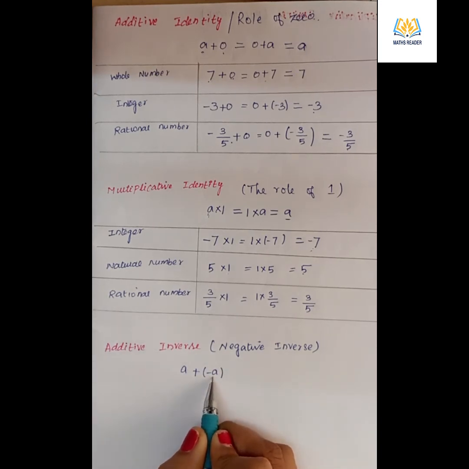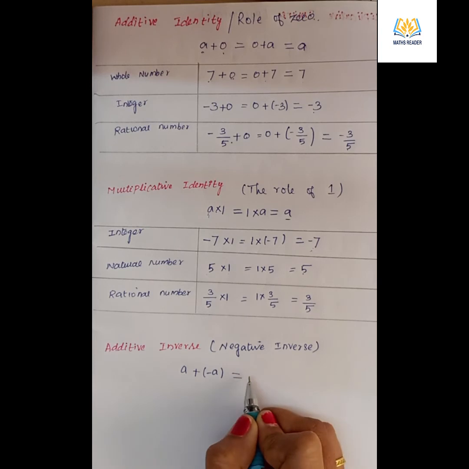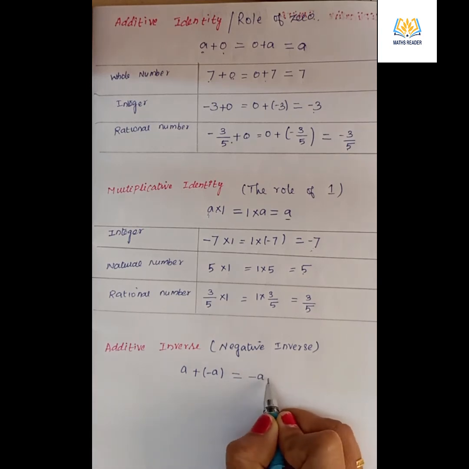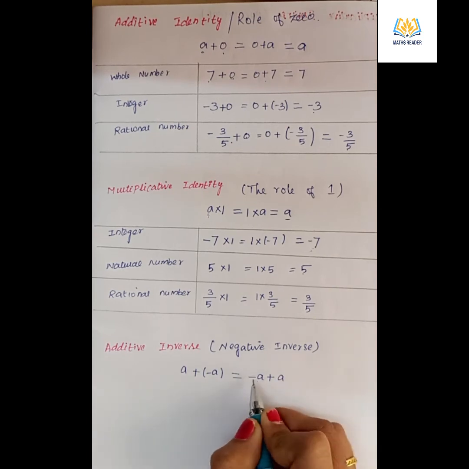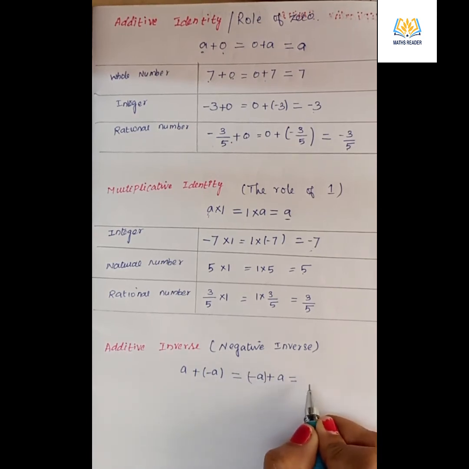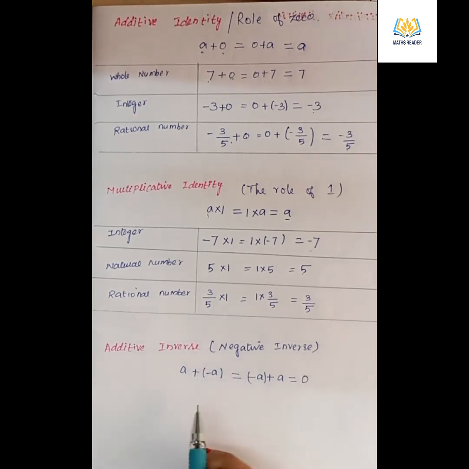Inverse of a is minus a, and additive inverse of a is a plus minus a, which we can rewrite as minus a plus a, which is equal to 0. So additive inverse means when we add any number with its inverse, we will get 0 as the answer. So the addition of any number with its inverse is 0.